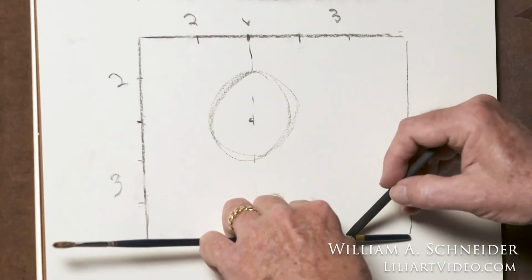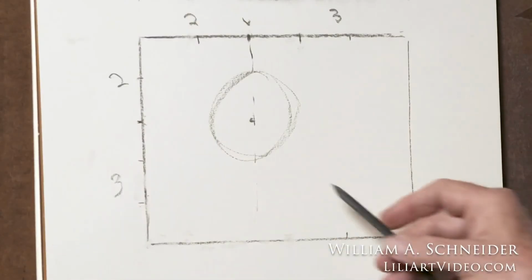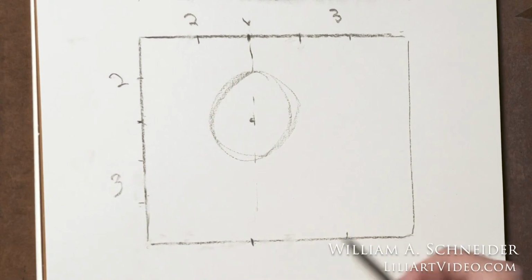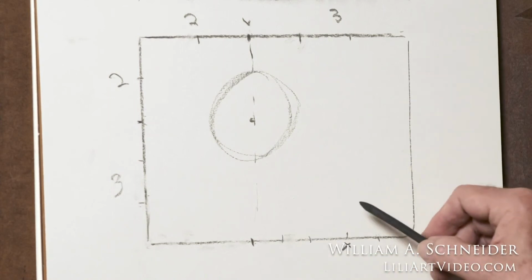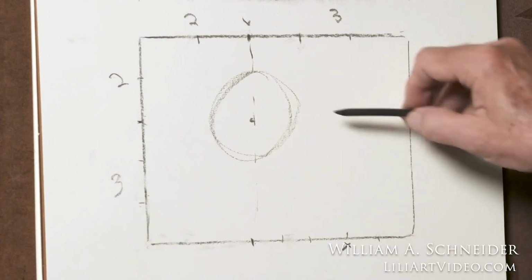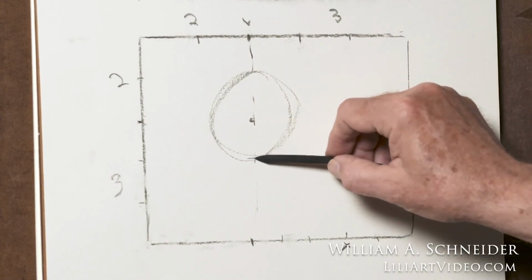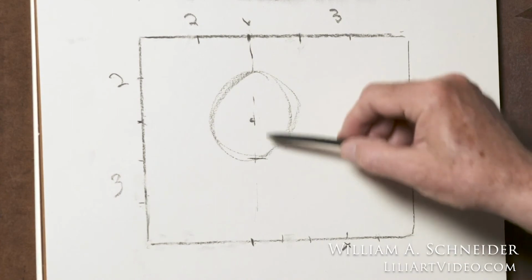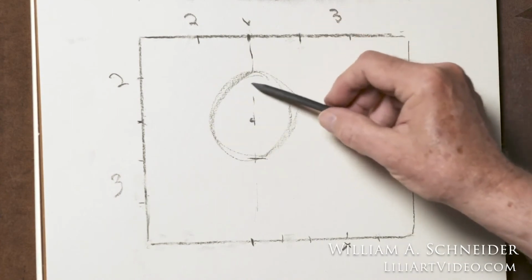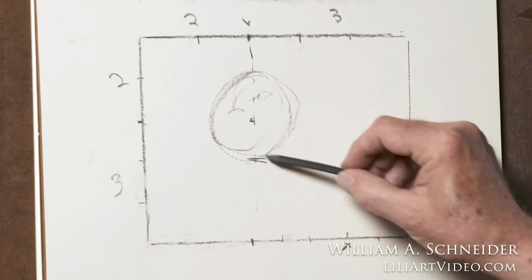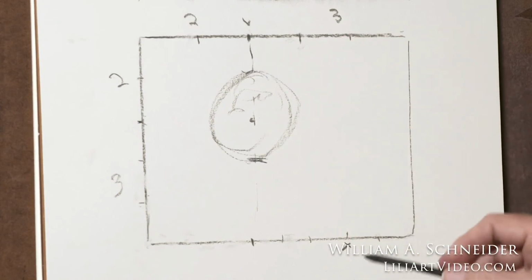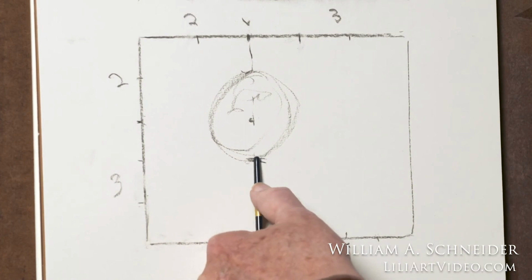So I think that the 2 versus 3 of this section is right here. And then I could divide this, maybe I'll take it from here. I decided I wanted some kind of a center of interest in here. And I'm going to take the bottom of that circle and divide that into 2 and 3.